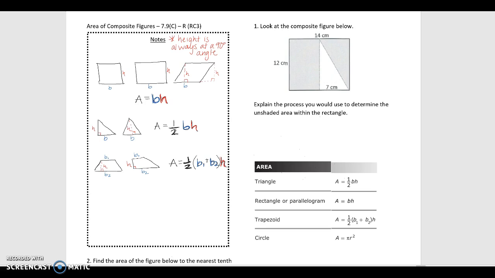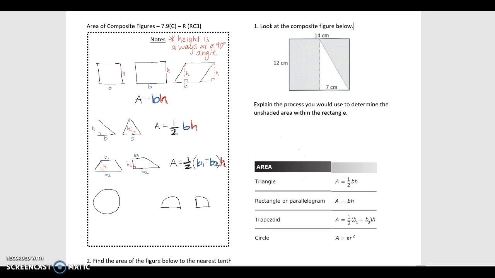Okay, so the last shape we have is the area of a circle. So we have either a full circle, or a semicircle or a quarter circle, okay?